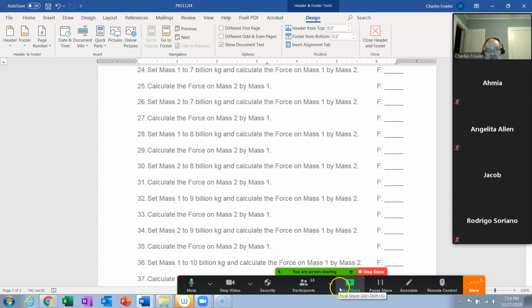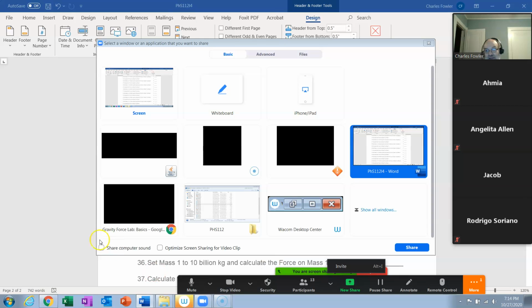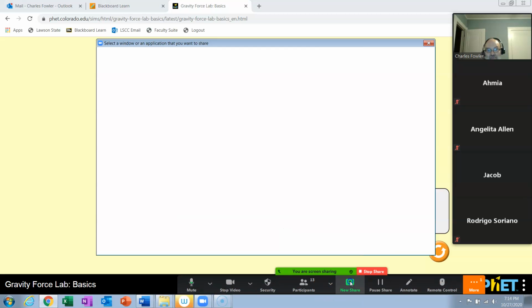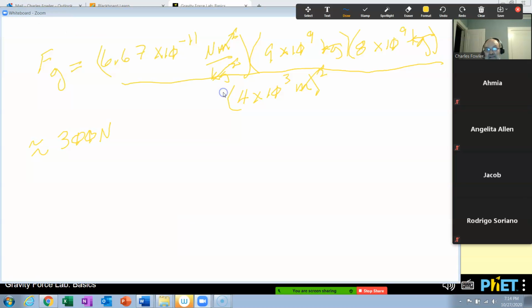So let's go to our thing and bump mass 2 up to 9 billion kilograms. Look how long these forces are getting here, but they're still always equal and opposite. Newton's third law. Let's go to our whiteboard, and this time we're going to increase this 8 to a 9.